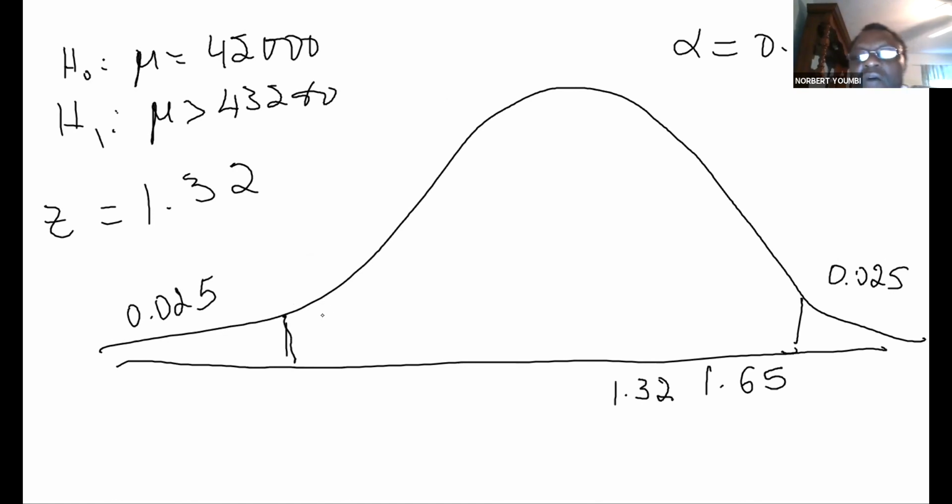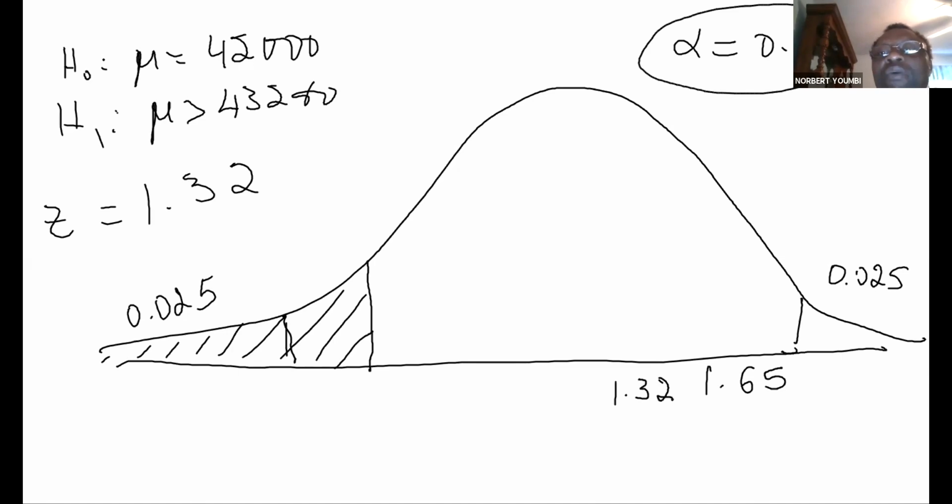So alpha is now 2 times the area in the tail. So now if you have your test value here, and you find this tail, you want to compare it to alpha over 2. But if you have the p-value, you want to compare it with alpha.